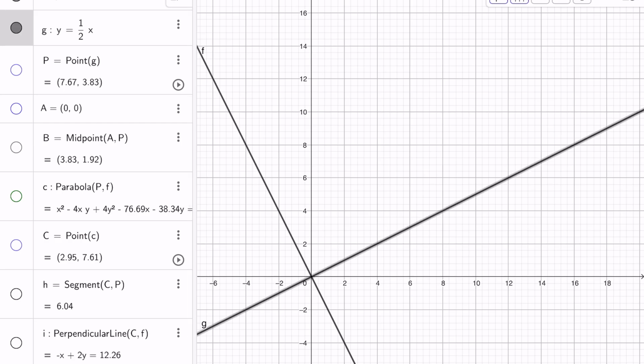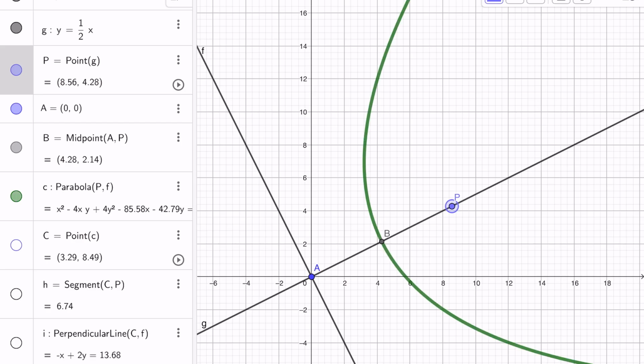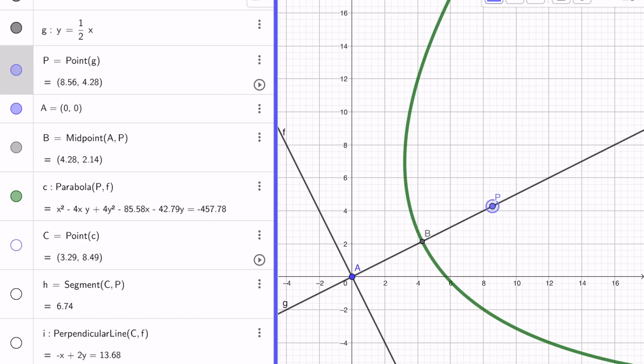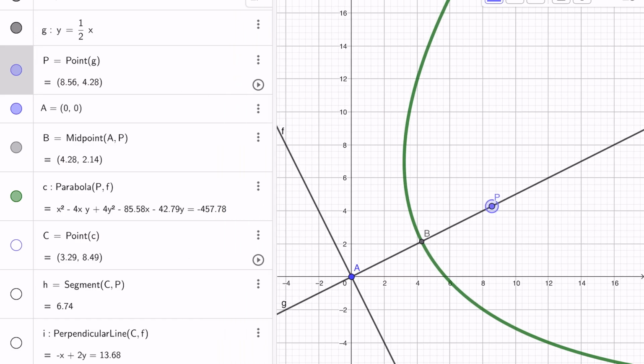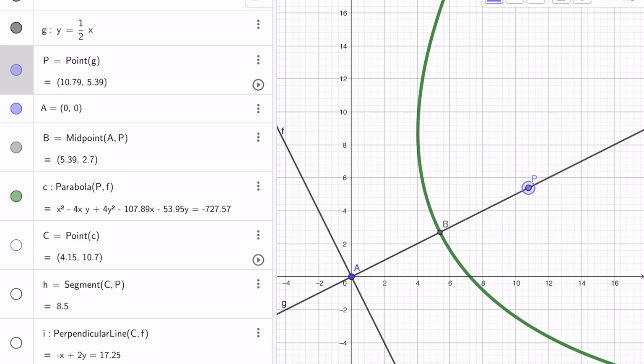So you've got the directrix minus 2x and the axis of symmetry half x. Some point that's on it. Now this point can move, but it's stuck on that line. Then I found the midpoint of it. The parabola here, see, it's got its equation, and it's an absolute mess, and it depends on what P is. So if I move P, then the equation changes.